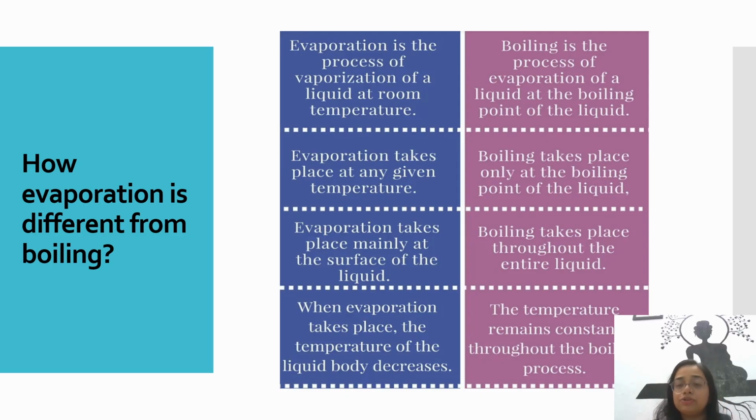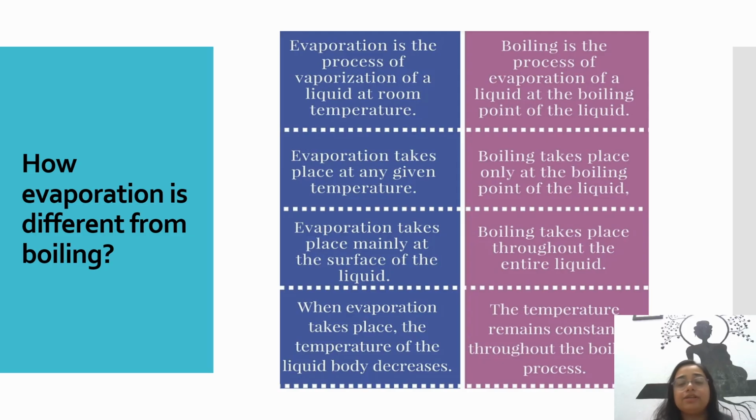So from here we can understand that evaporation does not depend upon the temperature. Whatever the temperature may be, some amount of evaporation will always take place. So we can conclude that evaporation can take place at any temperature. However, boiling cannot take place at any temperature. We should ensure that the liquid reaches its boiling point, otherwise the boiling phenomenon will not take place.